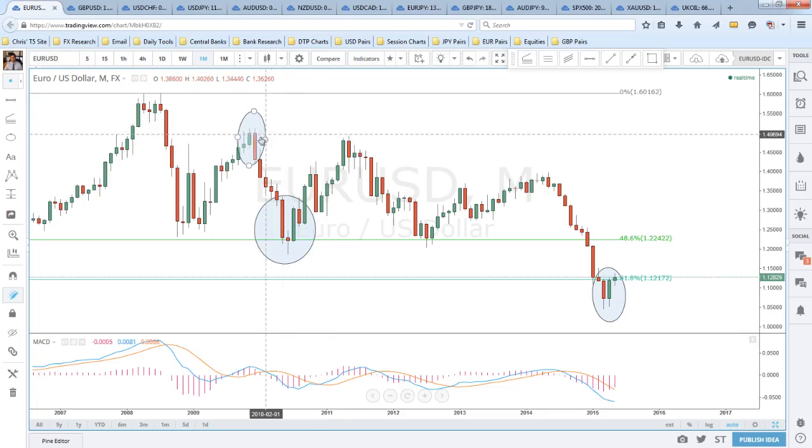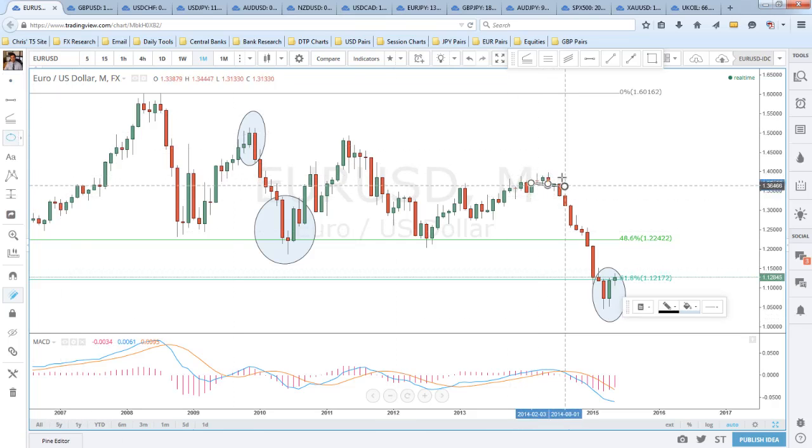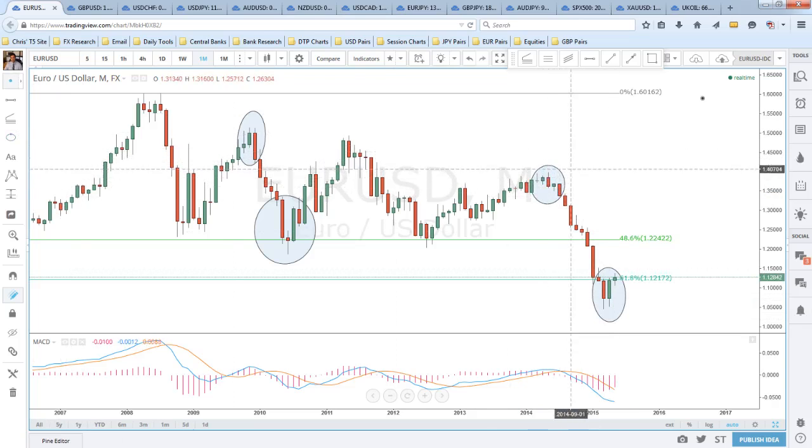The close encompassed the previous two candles. All right, another run up in price right here. Moved into a retracement level, and this is called a hammer. Let me just highlight that so you can get an idea of what you're looking for when you're looking for candle patterns here.